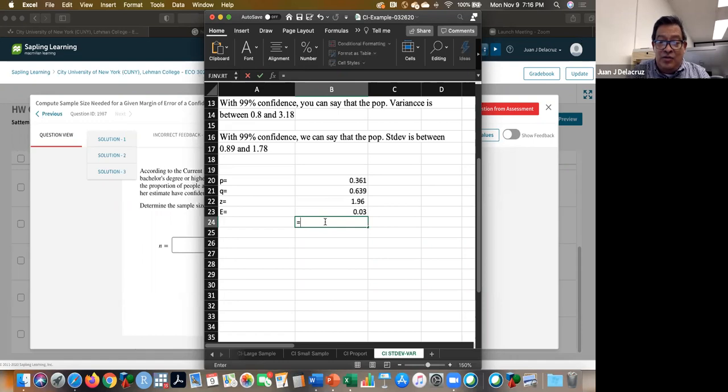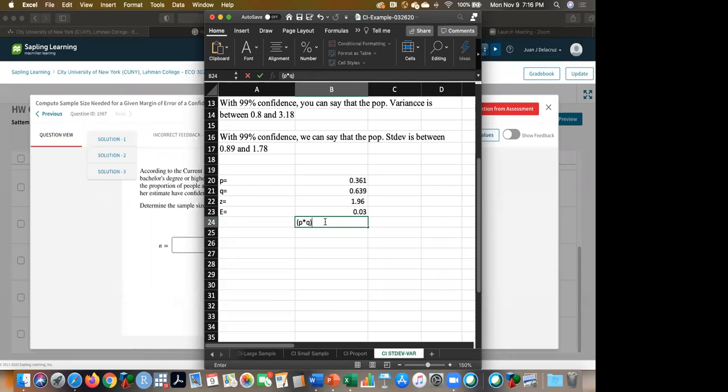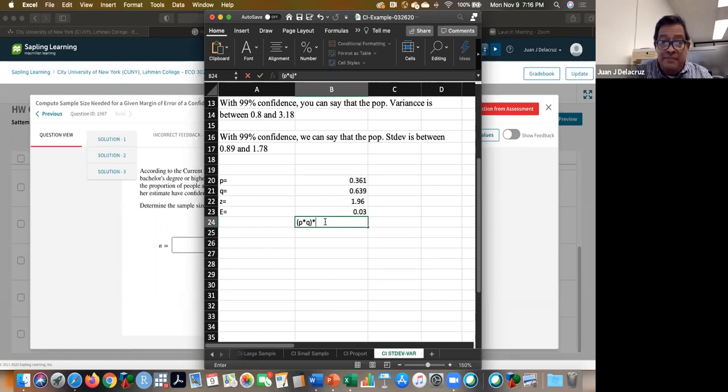Remember, you are going to do this. Let me do it without parentheses and without the equal sign, because I'm going to write the formula. I'm going to use P times Q, and then that is going to multiply the Z score, divided by the margin of error, and it's going to be squared.